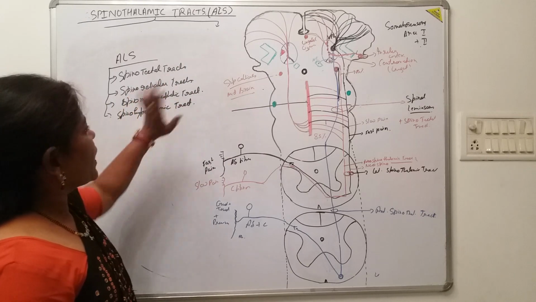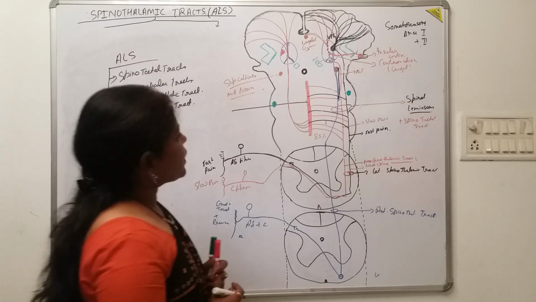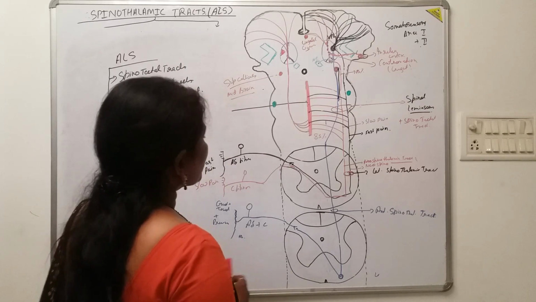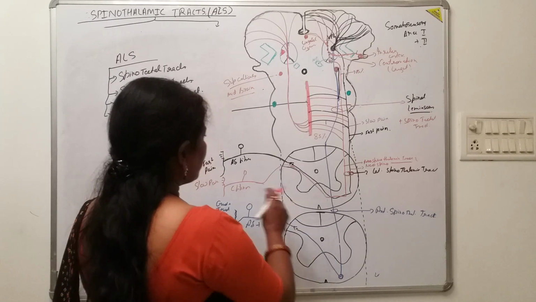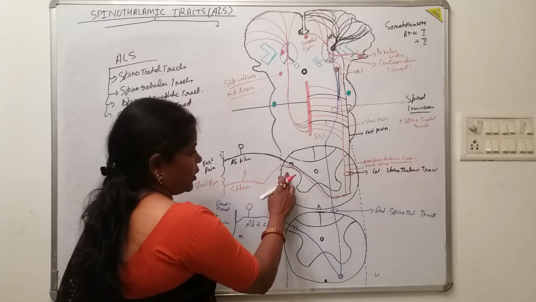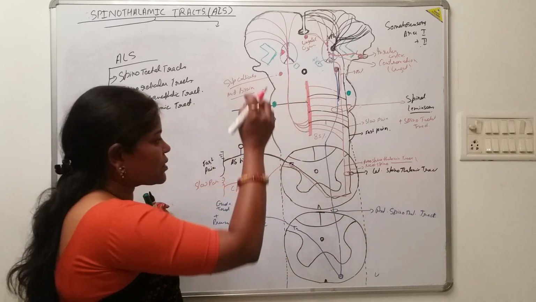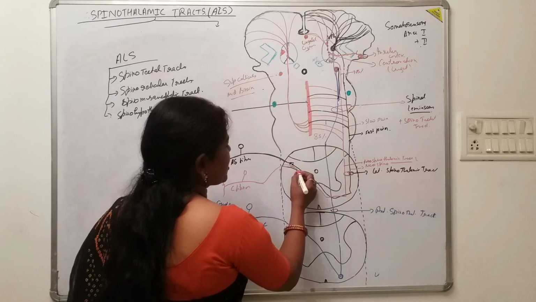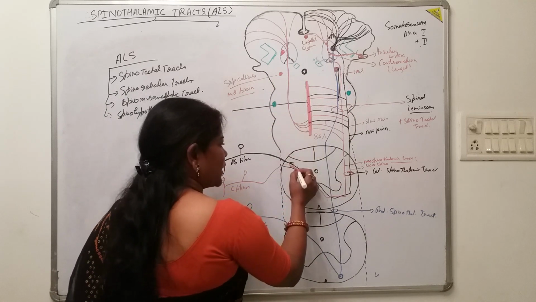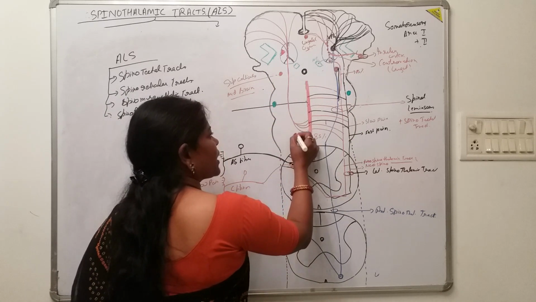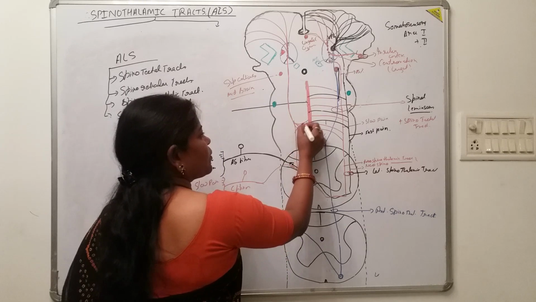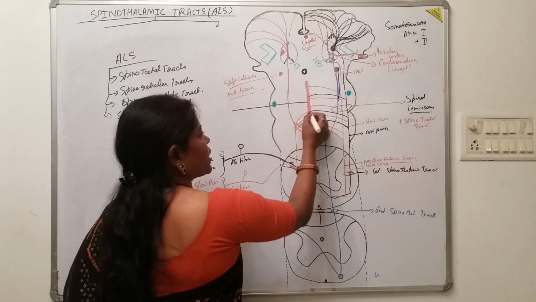Now the spinoreticular tracts. What are they? From where are they coming? Suppose these C fibers mainly cross to the opposite side, but some fibers don't cross, they remain on the same side. They ascend upwards and terminate in the reticular formation.